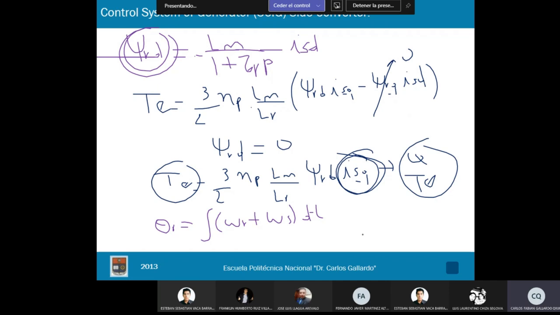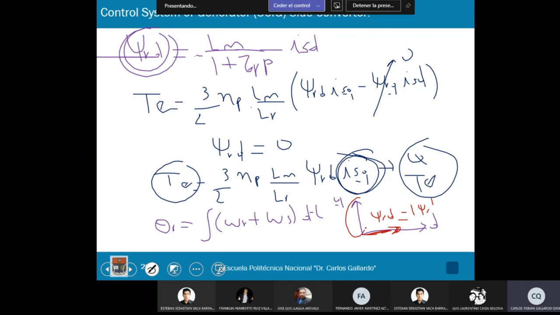It means, let's suppose I have here the D axis, and this is the Q axis. Once again, the generator side converter is generally controlled according to the rotor flux orientation technology. It means the rotor flux is aligned with the d-axis. So the rotor flux on the d-axis is equal to the rotor flux because it is linked with the d-axis.